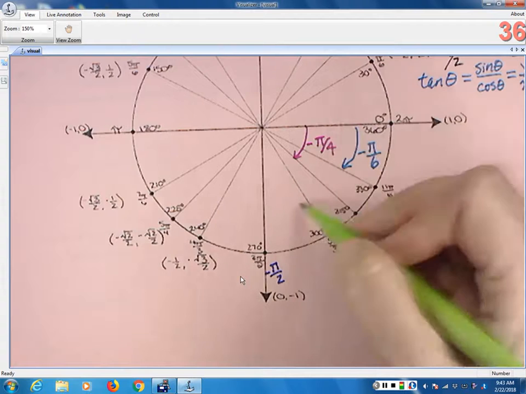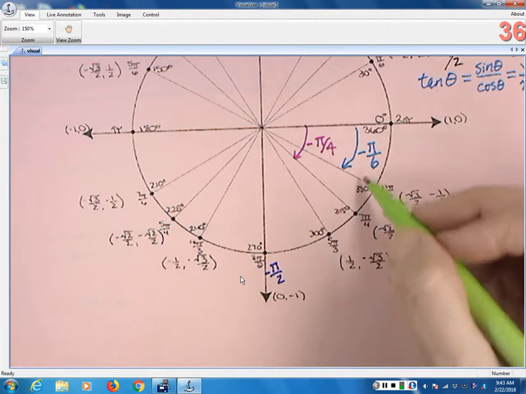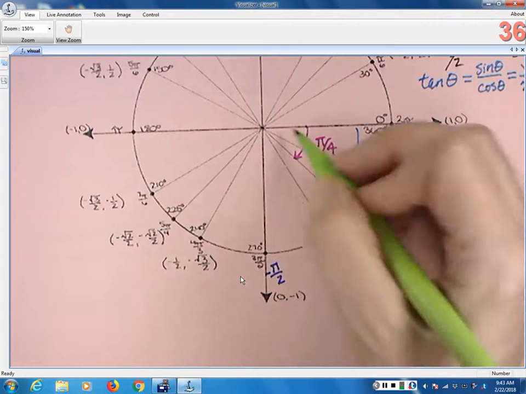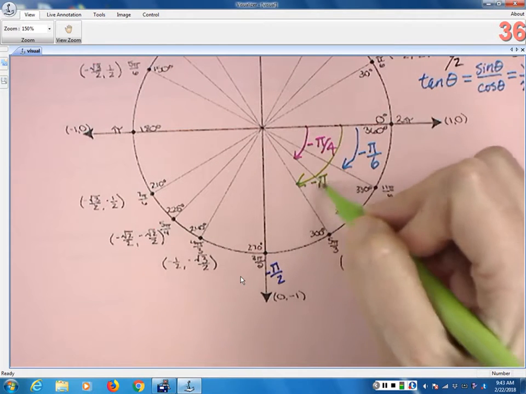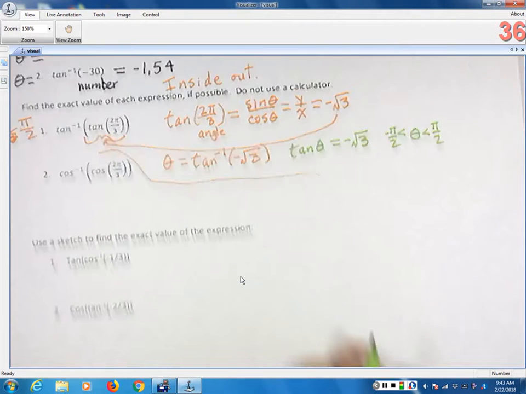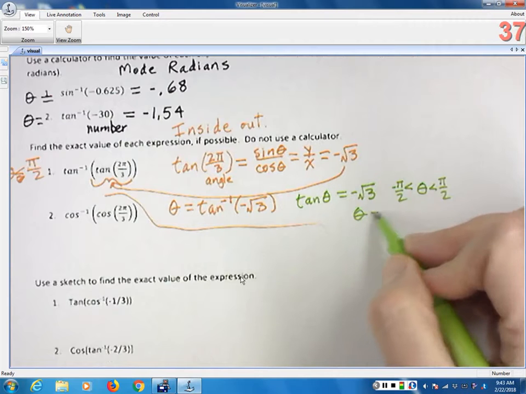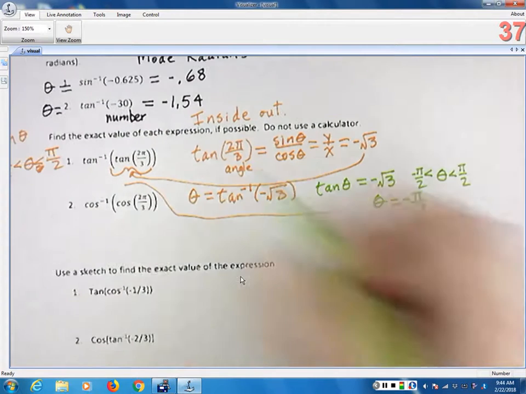This would be negative pi over 3, because this is 5 pi over 3 plus 1 pi over 3 would be 6 pi over 3. So this is, let me draw that, negative pi over 3. You've got a negative pi over 3, so theta is negative pi over 3. And that's your answer.